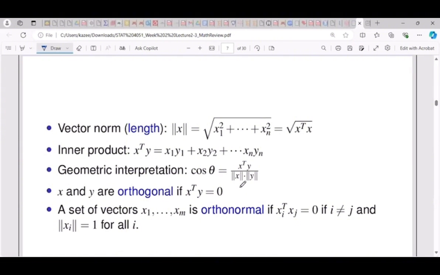Now I want to go into orthogonality. Let me tell you this. What makes our models a good model? If I want to trust my model, it means assumptions hold.